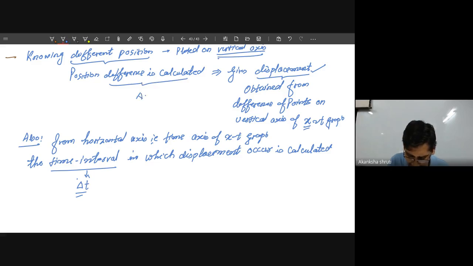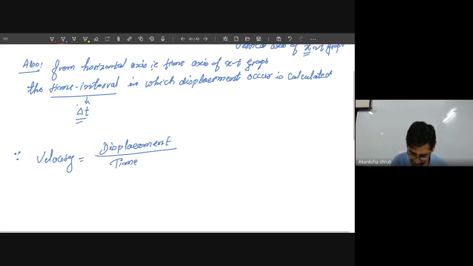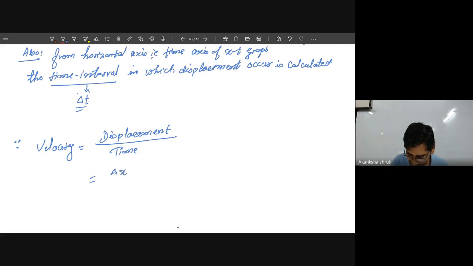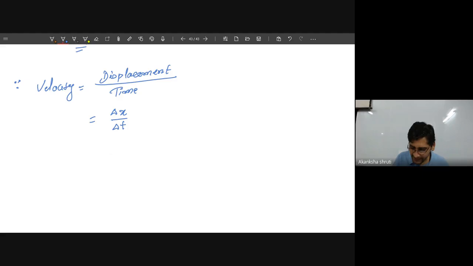This was our delta x, and since velocity is given by displacement by the time interval in which the displacement occurs, this becomes delta x by delta t. Means taking the ratio of interval of position by interval of time, we can get the velocity.